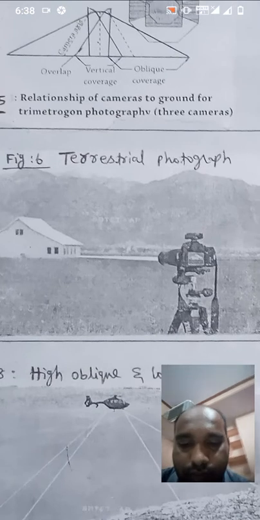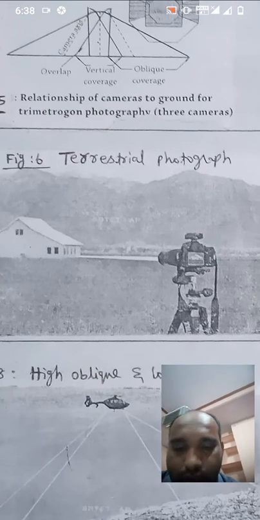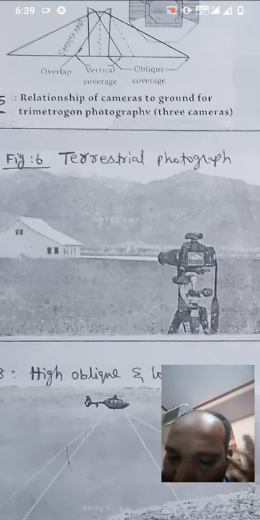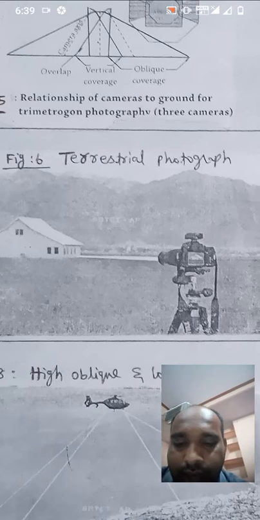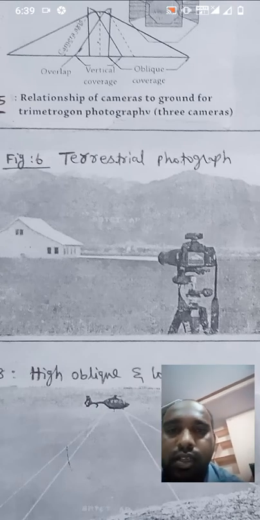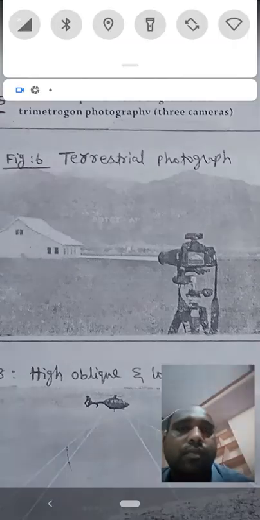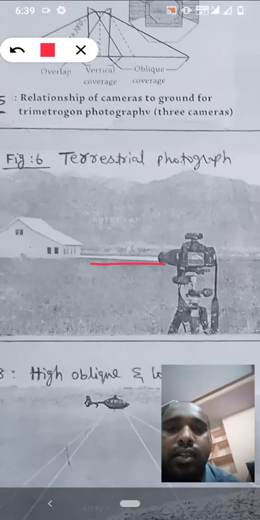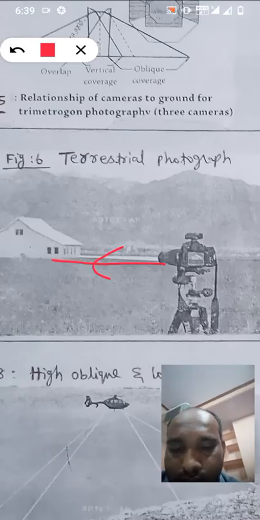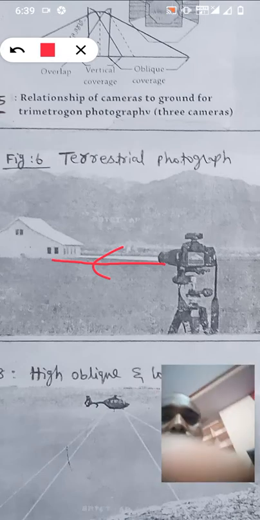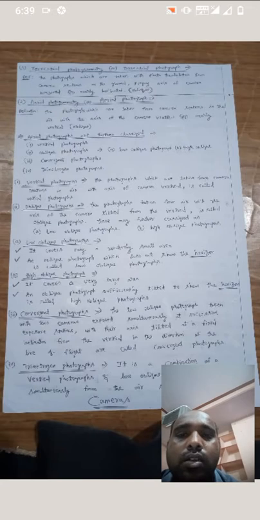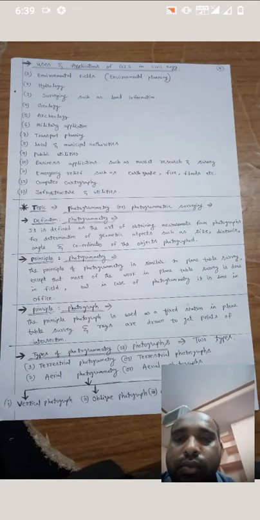See here, the photograph is used as a fixed station as in plane table survey. These are the rays we are sending towards the object to get the point of intersection. We will discuss this briefly in the next topic.